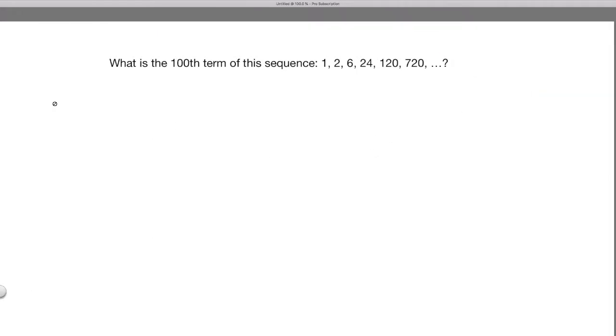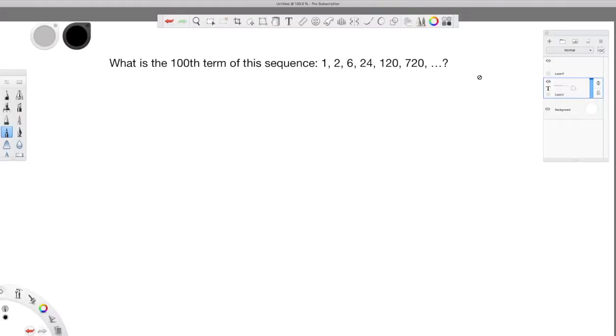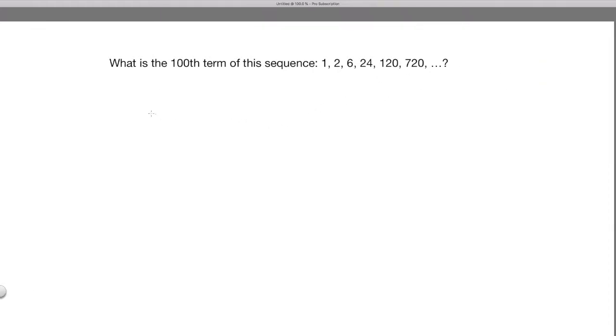Now I want to say a few things about this 1 times 2 times 3 times all the way to 100. The 100th term equals 1 times 2 times 3 times all the way to 100. Mathematicians are a bit lazy sometimes, so they like to invent notations to represent complicated expressions.